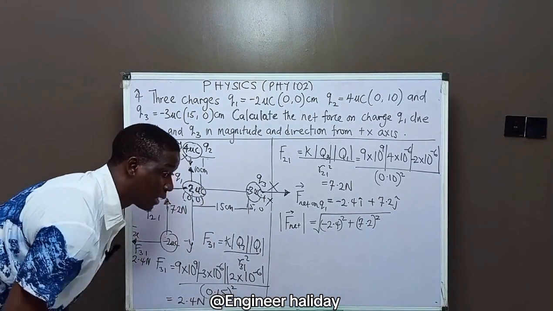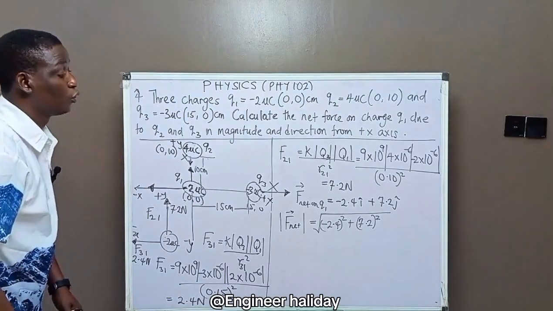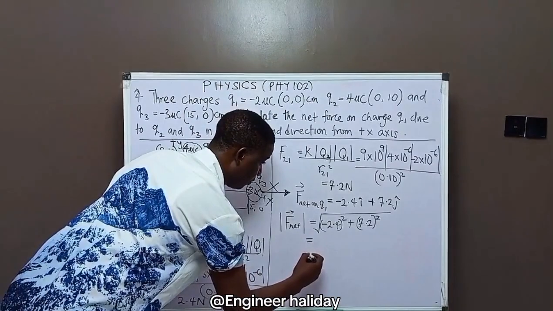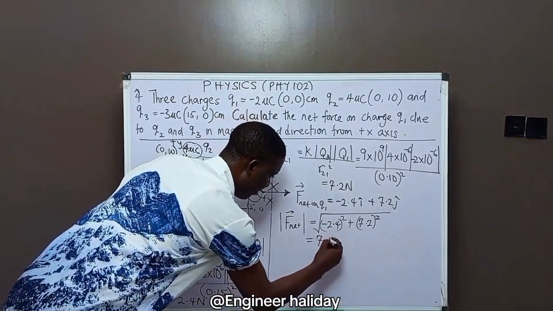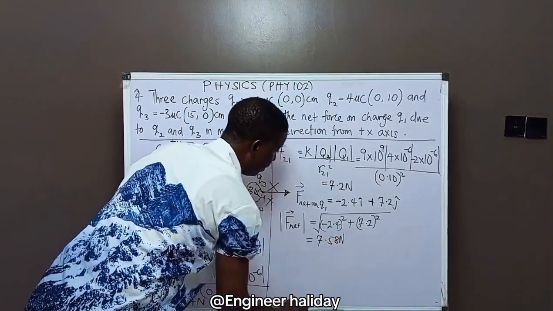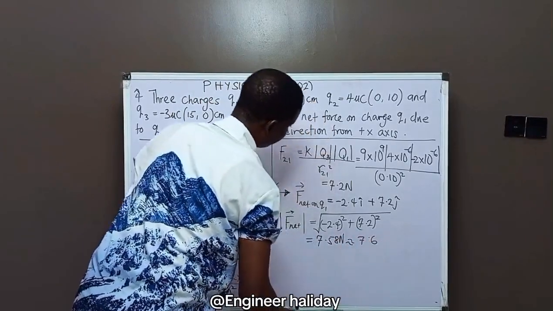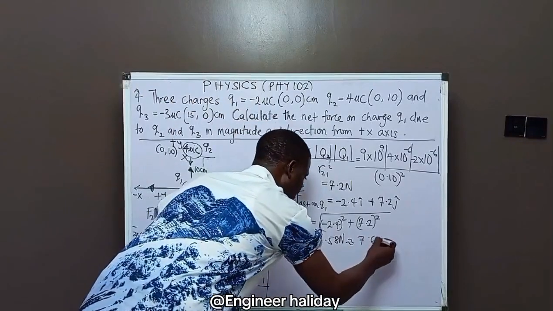If you do your calculation very well, you are going to see what you are going to have. So we have 7.58 Newton, or approximately 7.6. You can press your calculator to have that.